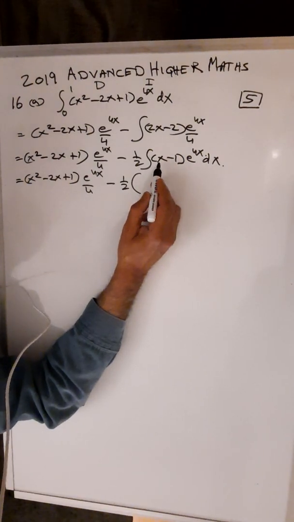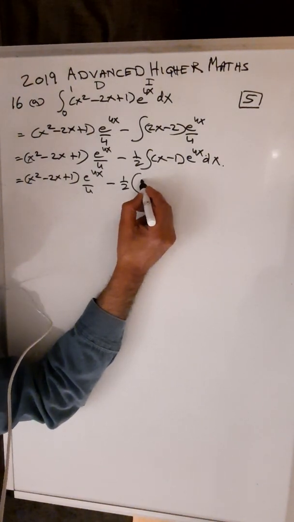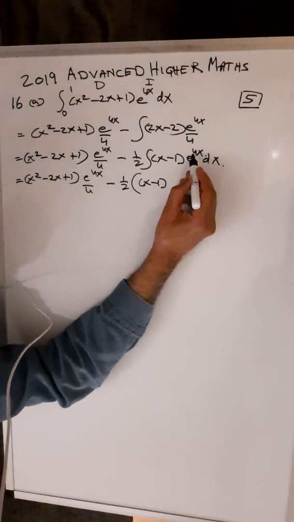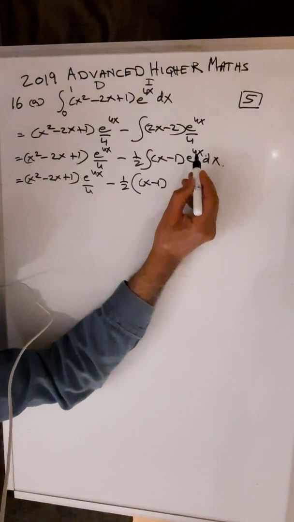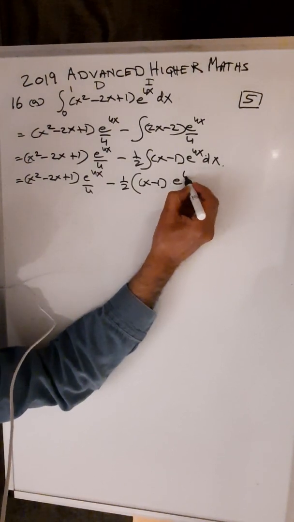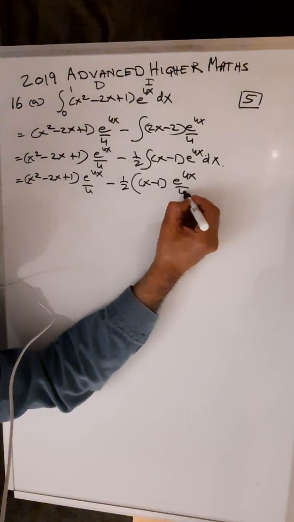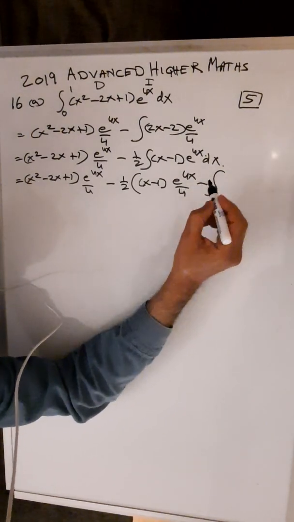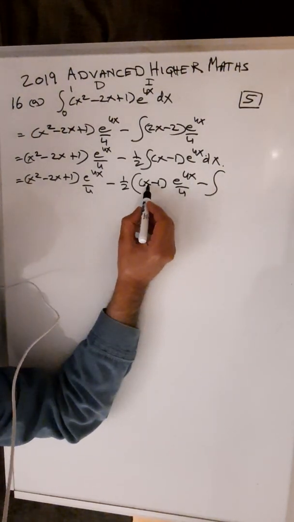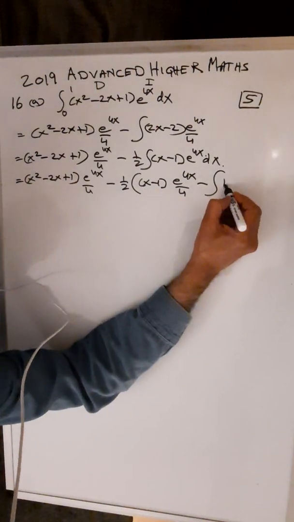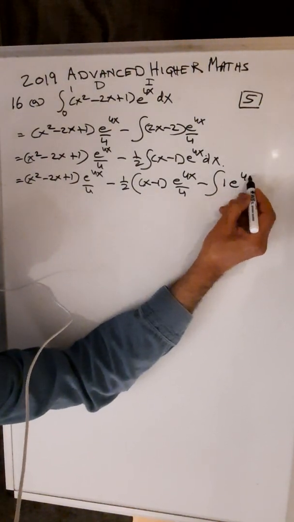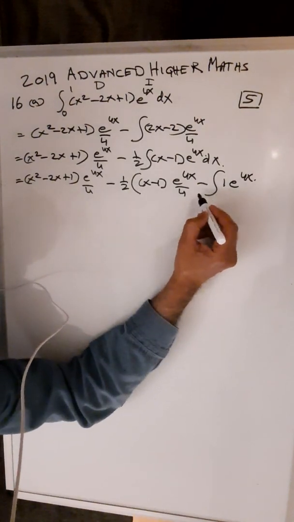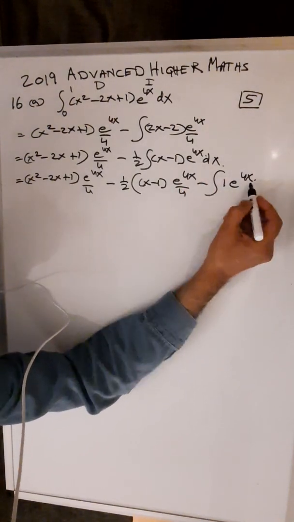Integrating this, you leave x minus 1 as it is first, and integrate the second part, which gives you e to the 4x over 4, minus the integral of, you've already integrated this, so that stays as it is. Now the differential of x minus 1 is just 1, e to the 4x over 4.